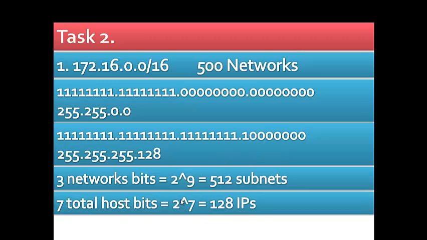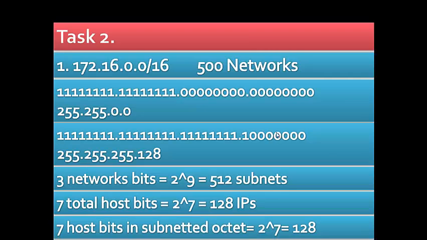It means 2 exponent 7 is equal to 128 IPs. For the range, we have subnetted into the third octet and the fourth octet, and the last octet is the fourth octet, right? So we focus here on the host bits, and the host bits are 7. So the range in the fourth octet would be 2 exponent 7, which is equal to 128.